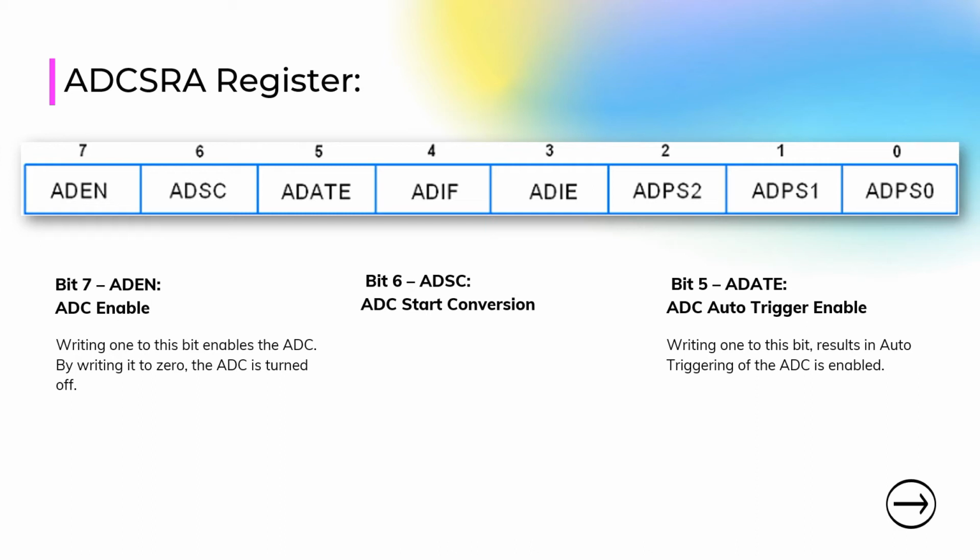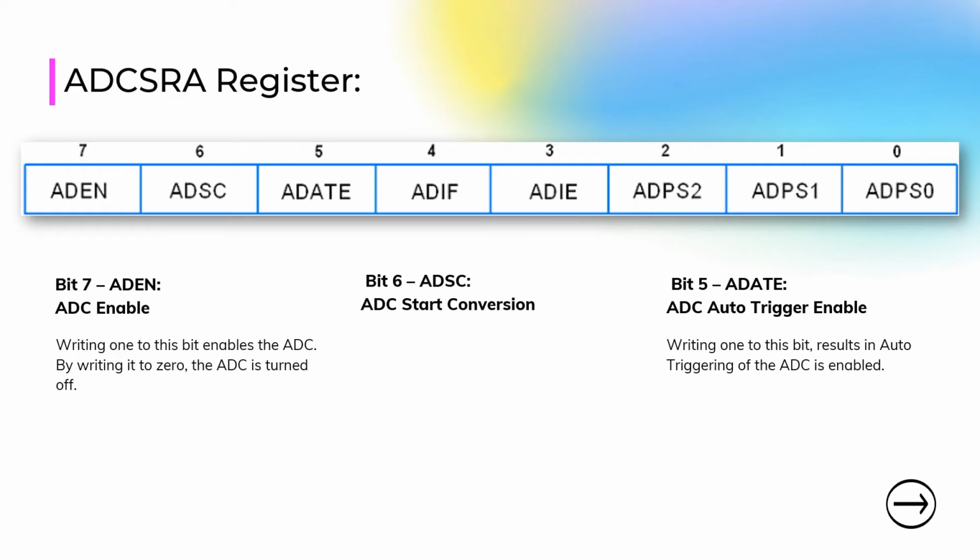Bit 7, known as ADEN or the ADC enable bit: by writing 1 to this bit, we turn on the ADC, and writing 0 will turn off the ADC. And also ADSC, the start conversion bit, is used to start the conversion. Writing 1 will start the conversion of the ADC.